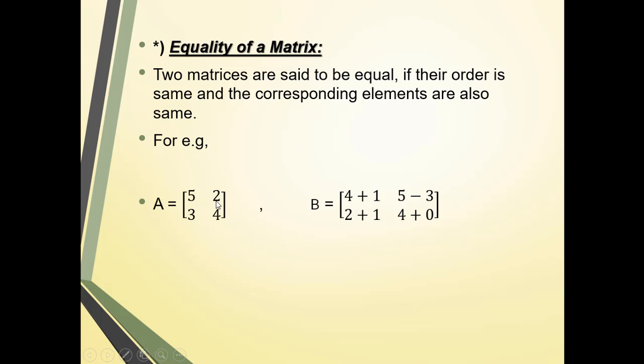Similarly, the second value is 2 and the second value of matrix B is 5 minus 3, which is equal to 2. The third and fourth elements are also equal. So whenever the order of both matrices is the same and the corresponding elements are also the same, the two matrices are said to be equal.